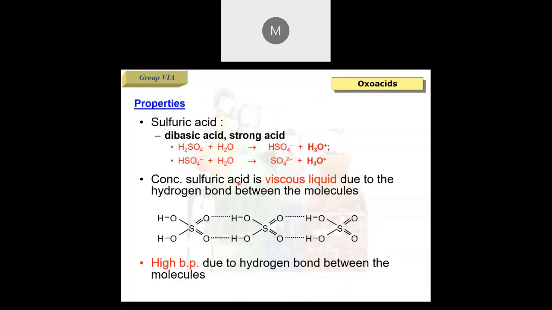Properties: it is a dibasic acid. It's a strong acid. The concentrated sulfuric acid is a viscous liquid. So what does viscous mean? This can be a question, so please comment in the section below.